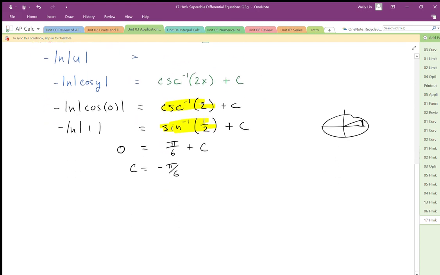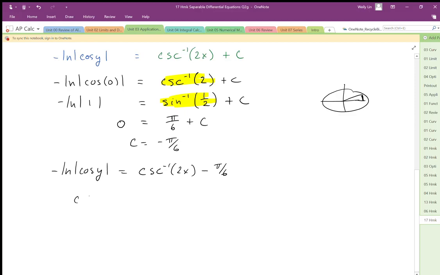So then when I rewrite my equation, I get negative log cosine of y is equal to the arc cosecant of 2x minus pi over 6. Solving for y, I get log cos y is equal to, I'm going to switch this around, move the negative over to here and make it pi over 6 minus the inverse cosecant of 2x.